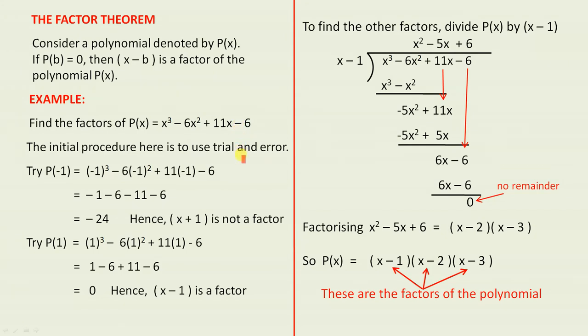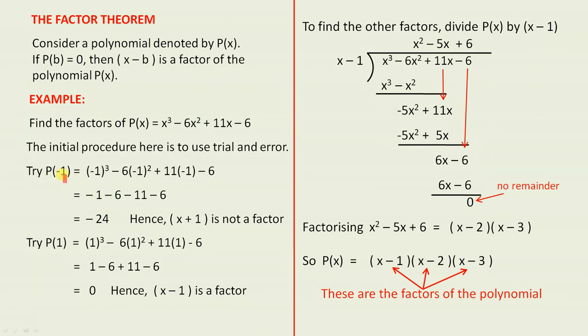The initial procedure here is to use trial and error. So we're going to try and find a number where we have 0. That is, when we substitute the number, we're going to look for 0 as an answer, and that's going to help us to find the factor.